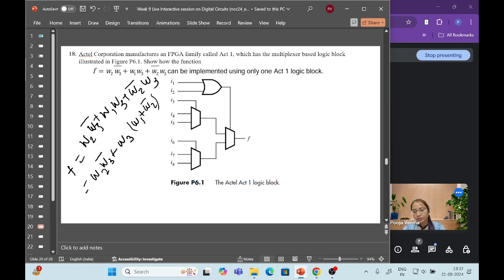This function we have to implement using this FPGA Act 1 logic block. So what inputs do we have to give at I1, I2, I3 in these places so that we will get this function?